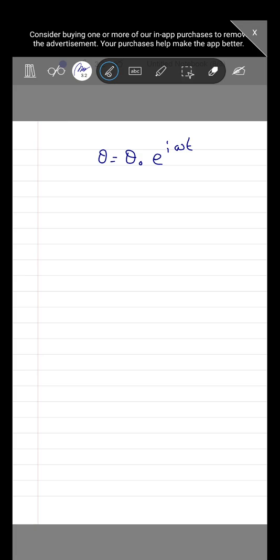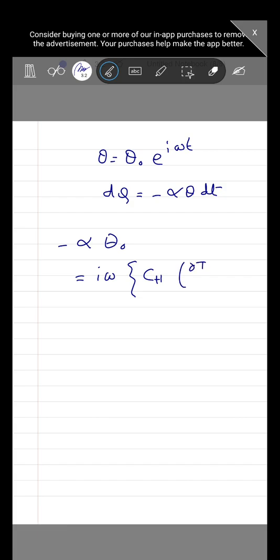Now if we use the relation dQ is equal to minus alpha theta dt, we can write this as minus alpha theta 0 is equal to, differentiating this, i omega outside, then CH into del T by del M at constant H into M0, plus CM into del T by del H at constant M into H0.